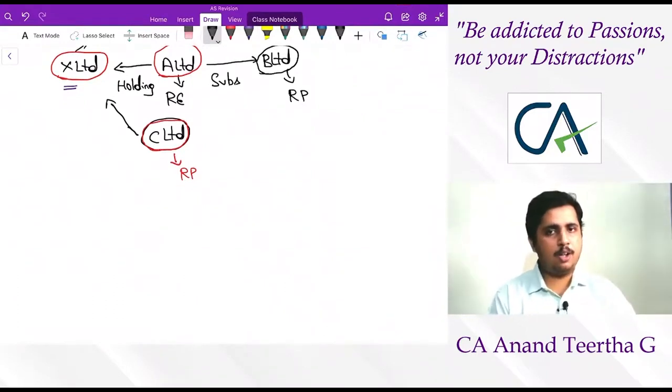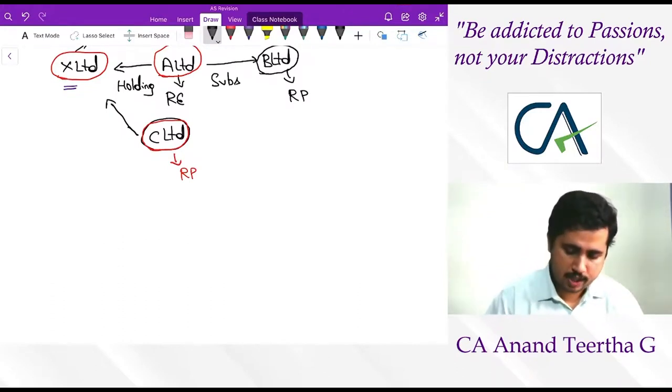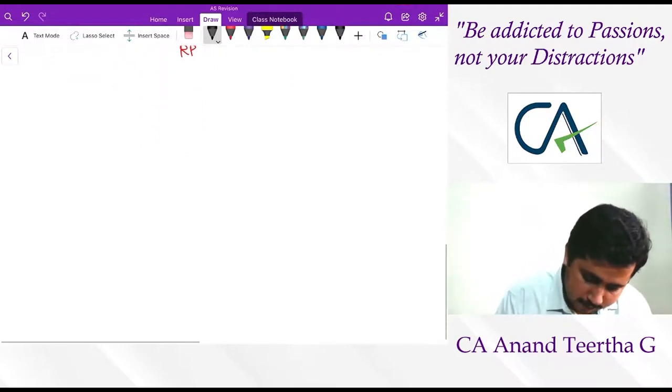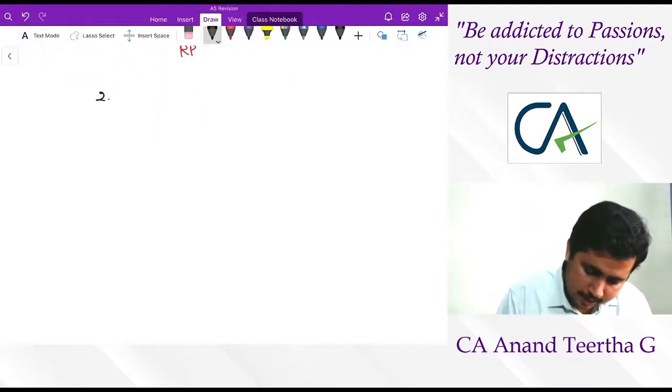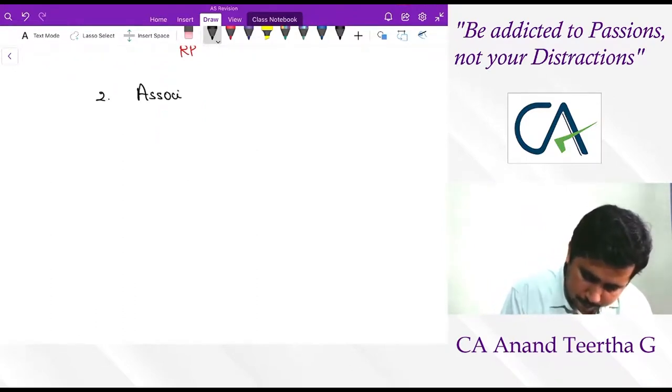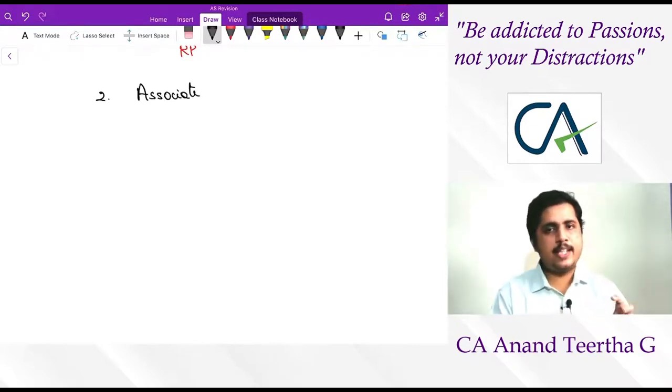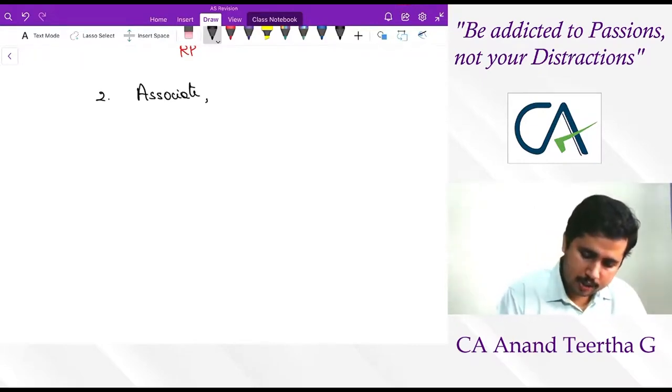Next, second one. We will talk about these control. What do we mean by control? What do we mean by influence and all a bit later. But yes, we will see whenever there is control, significant influence, etc. Second one. There is either an associate, okay, there is either an associate or there is a joint venture.